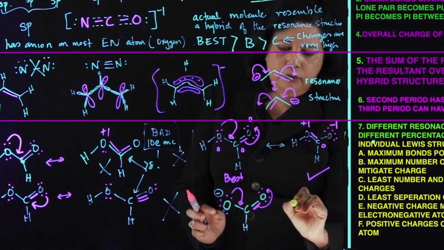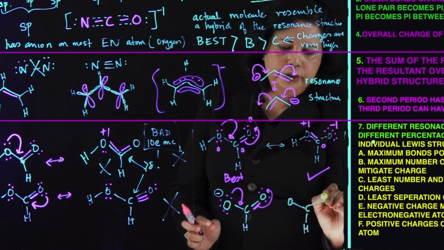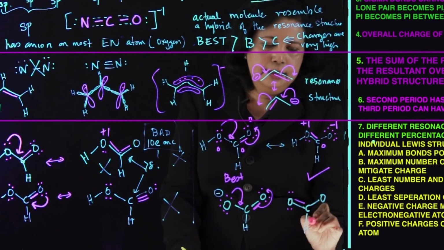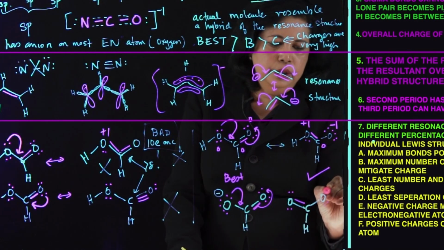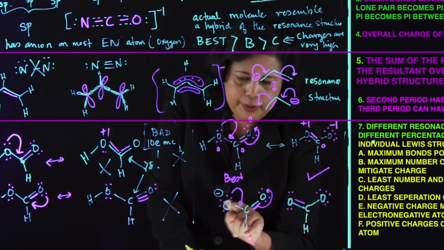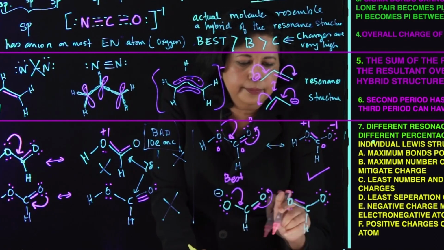So here you have the same thing, and I'm drawing all the sigma bonds with the green, so we know we're not breaking those. So here you have this, and you have 1, 2, 3. So this is perfectly okay because this is octet, octet, octet, all of them.